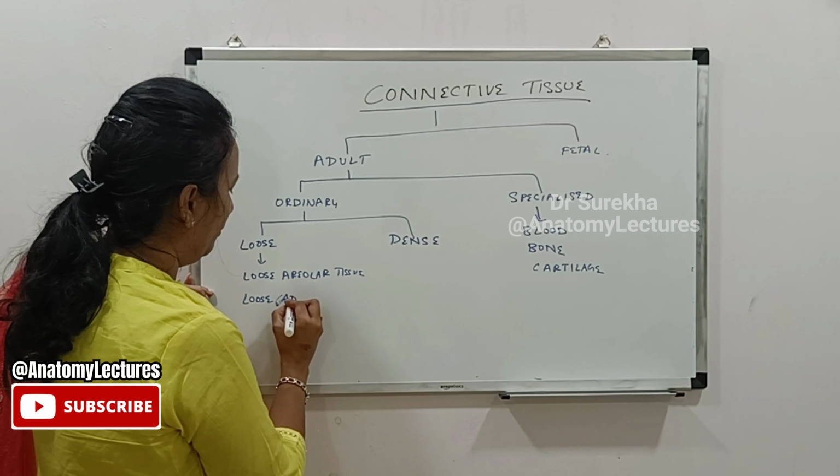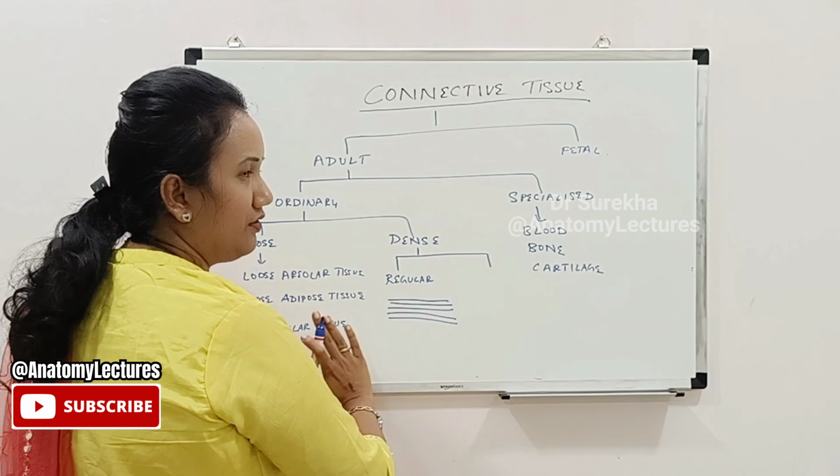Next, dense connective tissue. This dense connective tissue is again reclassified into two different types. If the fibers which are there are arranged in a regular pattern, they are called regular connective tissue, dense regular connective tissue. That means they are arranged in a regular fashion in one particular direction, in the direction of the force.